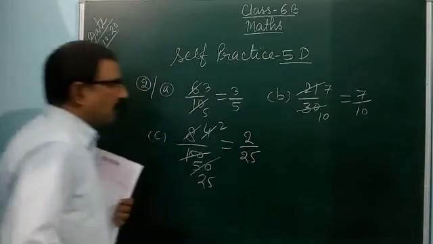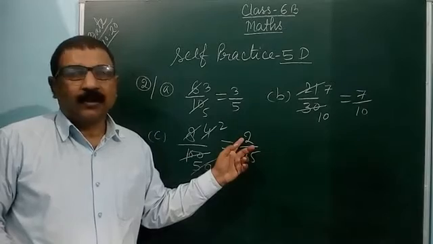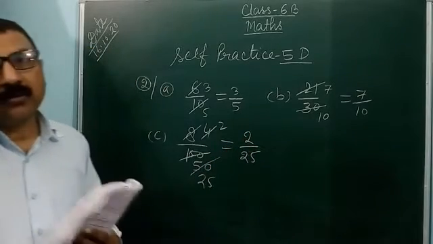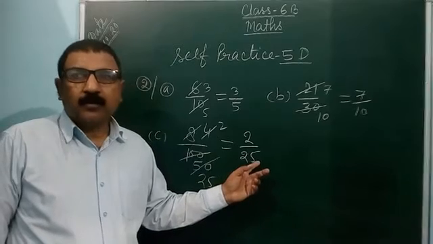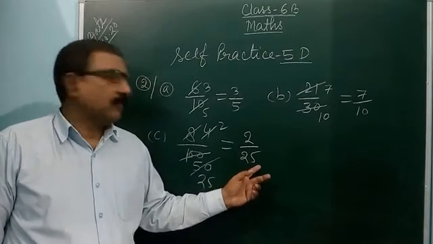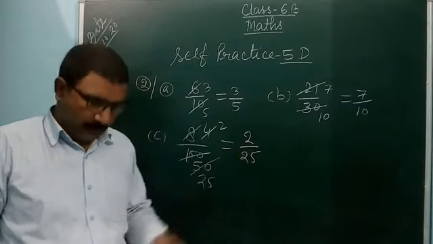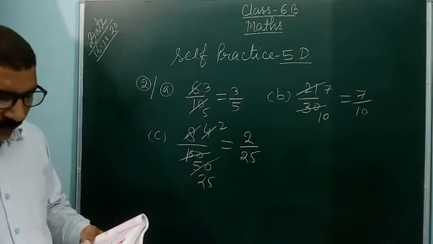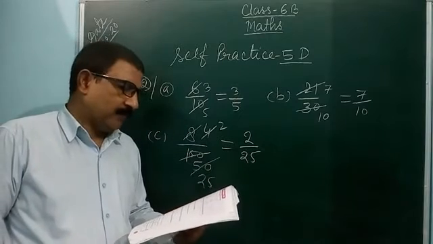You can see 2 is an even number and the smallest prime number also, and 25 is an odd number, but it is not a prime number. So it is in the lowest form now. Like that you can do D, E, F, G, H, I also.